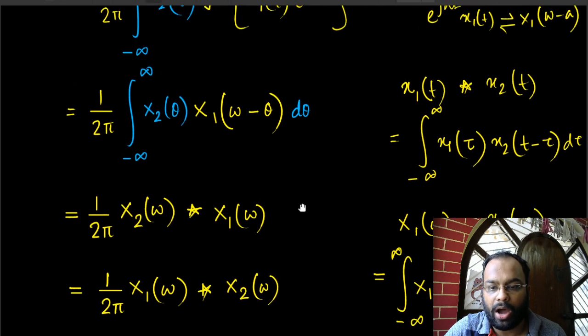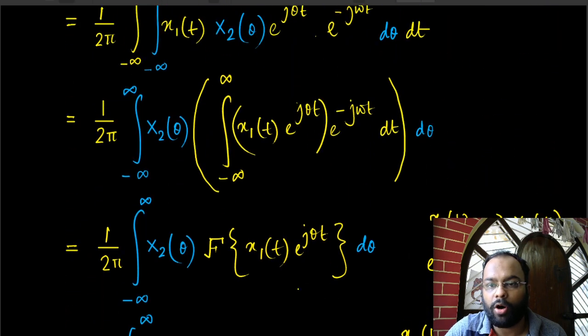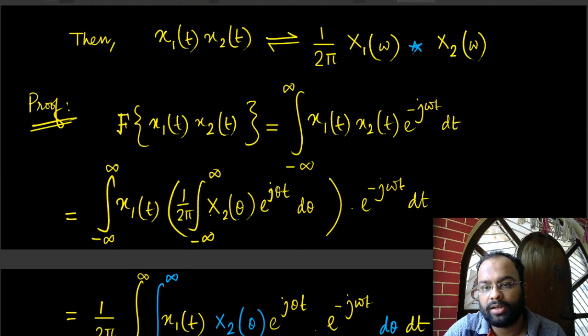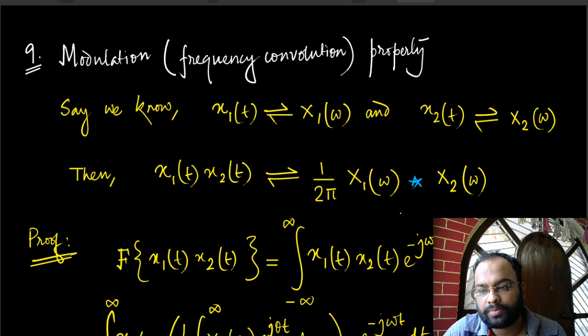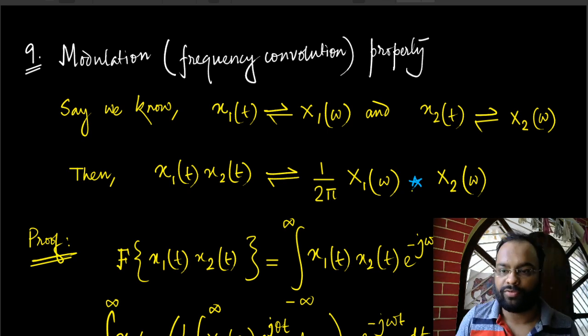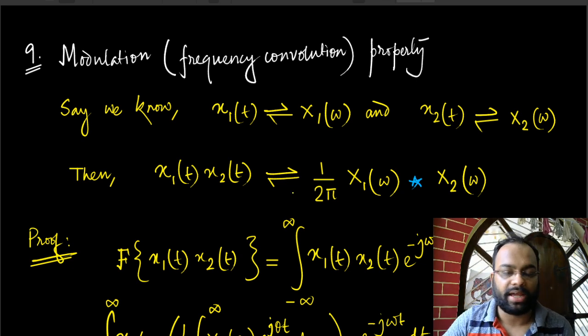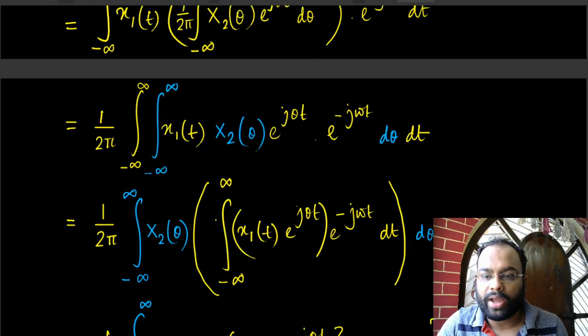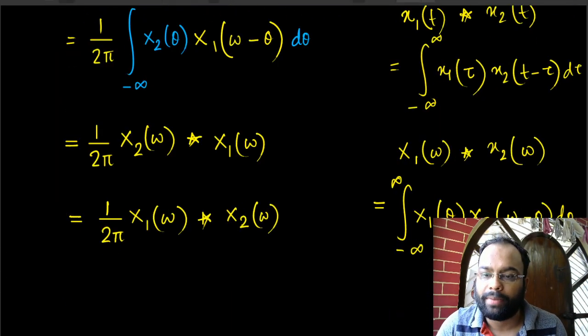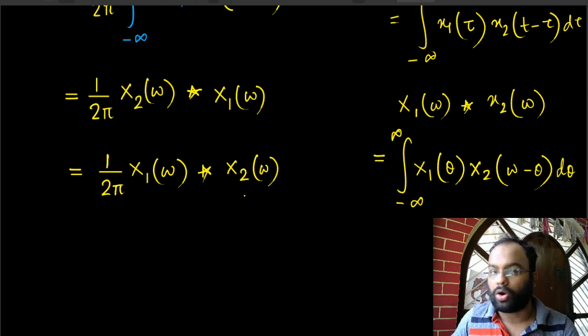So we figured out that the Fourier transform of modulation is the convolution of the individual Fourier transforms. If I multiply two signals here, then the Fourier transform is the convolution of the two individual Fourier transforms with a scaling factor of 1 by 2 pi. Again, feel free to ask if you have any query, because we are going to see a concrete example right now.